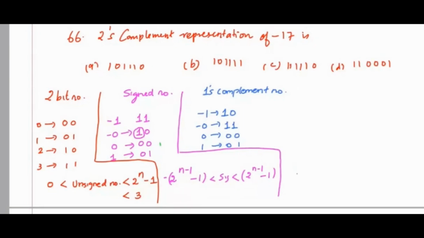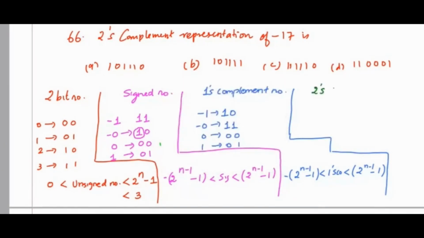Therefore, 10 is represented as minus 1, and 11 becomes 00, but since the MSB is 1, it is represented as minus 0. So here also the range is minus of 2 power n minus 1 minus 1 to 2 power n minus 1 minus 1.